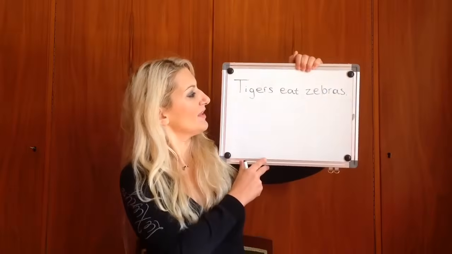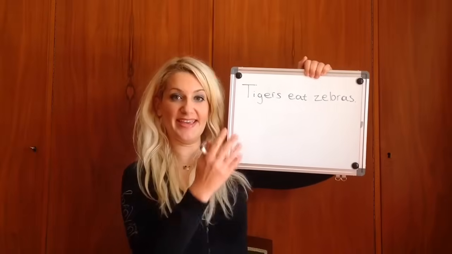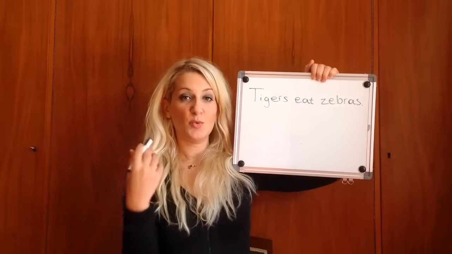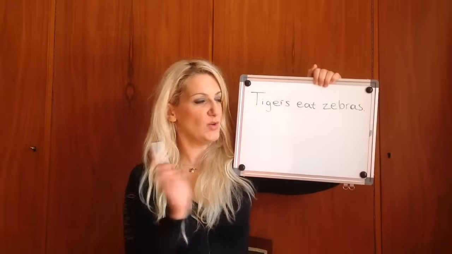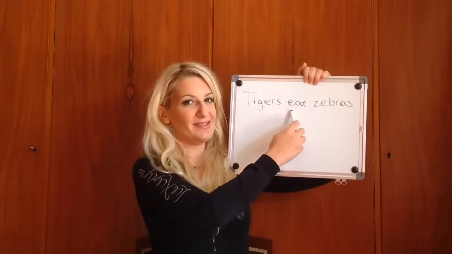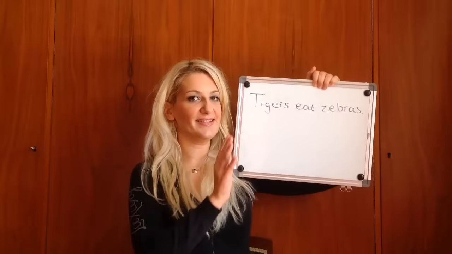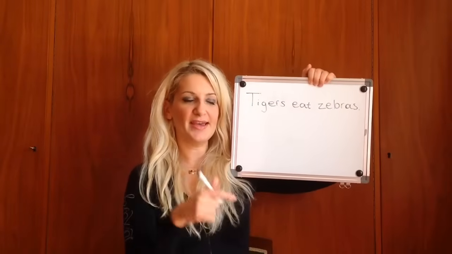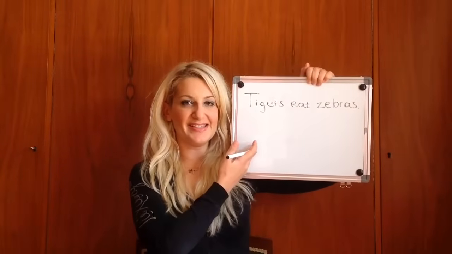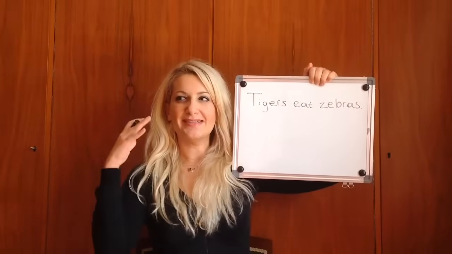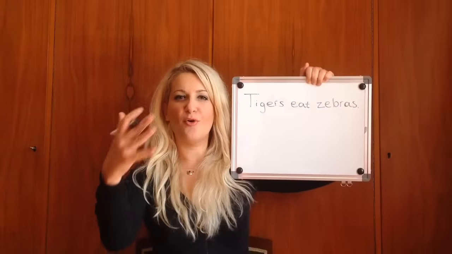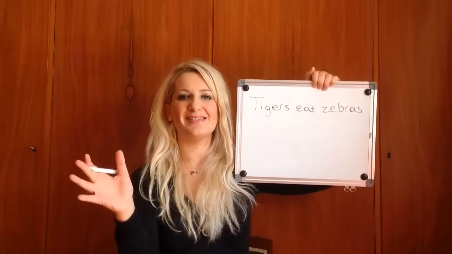Okay, let's take an active sentence first. So we have: tigers eat zebras, which is also a general truth, a fact. That's why we use simple present over here. They eat. Tigers eat. Okay? So in this active sentence, we have our subject, which means who does the action, who performs the action, who does something.